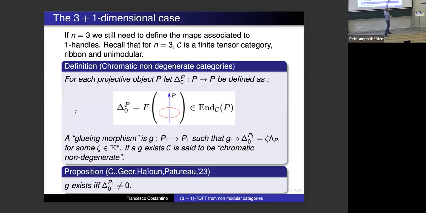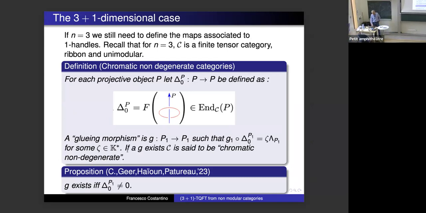And the condition is that we should be able to find a certain endomorphism of the projective cover of the identity, which has this property. Delta 0 is this thing, and the composition should be equal to a scalar, non-zero, times the cutting morphism of the P. It's an explicit condition. It turns out that it does exist as soon as this endomorphism of P1 is non-zero.